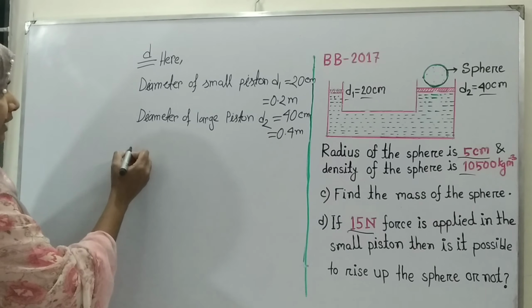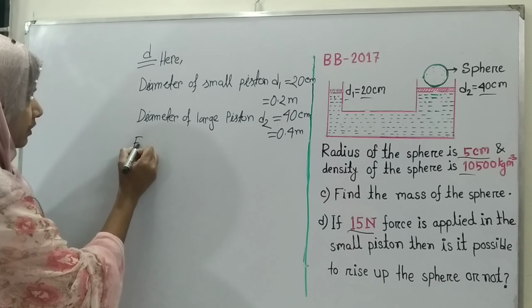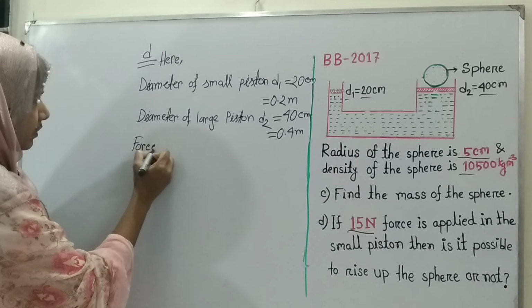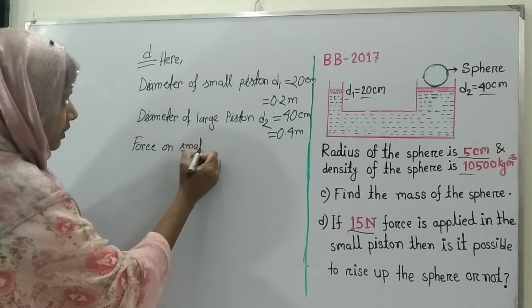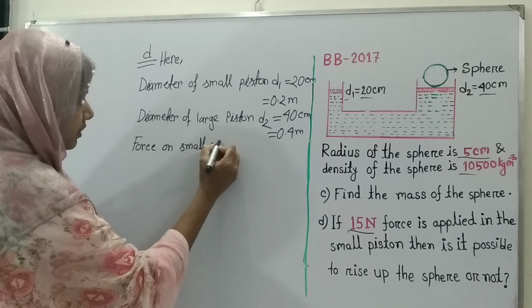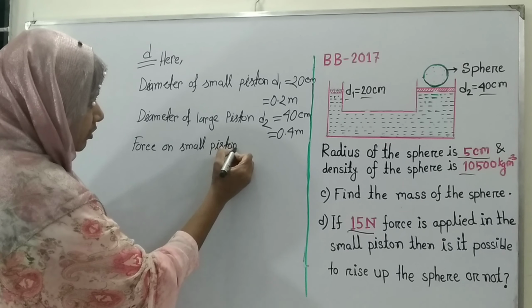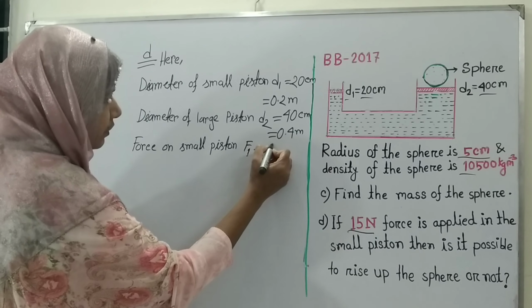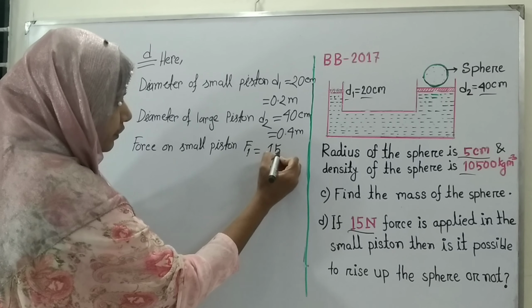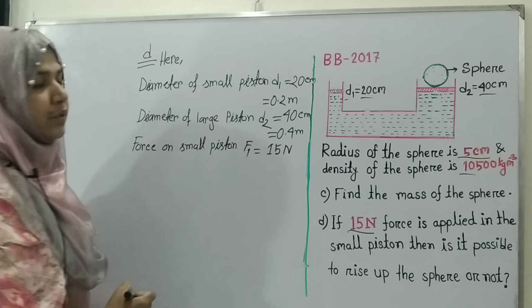Now the force that is exerted on the small piston, F1 equals 15 Newton.